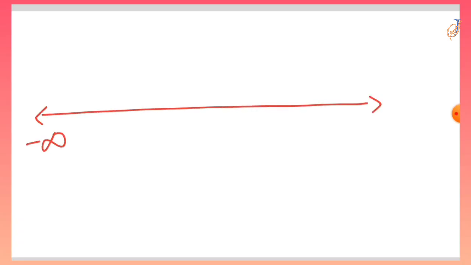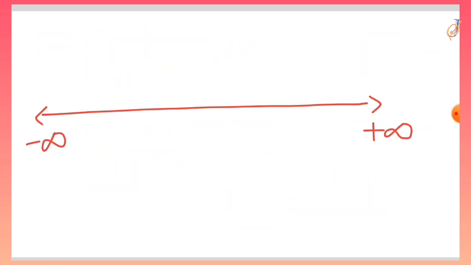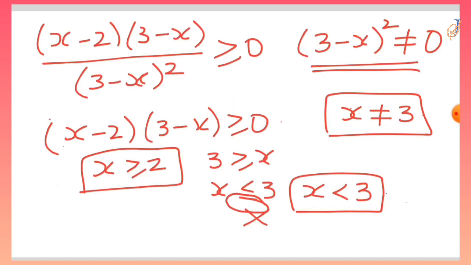Let's see how. For that, just draw the number line. So we have minus infinity to plus infinity, and x is greater than or equal to 2. If you take 2 here, they are given the equal sign, that means you have to use the closed bracket from here to all positive values, and so our first condition is done.